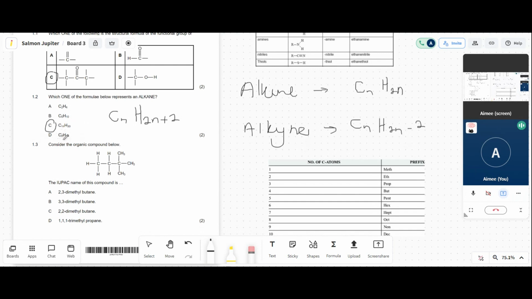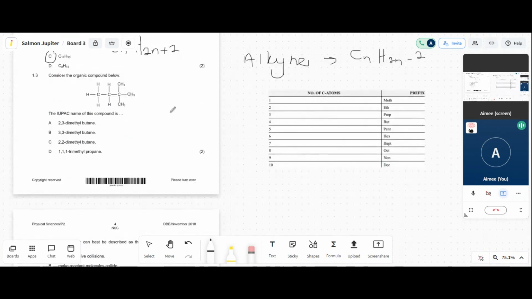If 8 is the number of carbons we have, then we say, okay, well, 8 times 2 gives me 16 minus 2 is 14. So we can with confidence say that D follows the structure of our alkyne general formula and can therefore fall under that category. So might just be a good idea to write these down, have them in the back of your mind, makes answering these much easier. Okay.